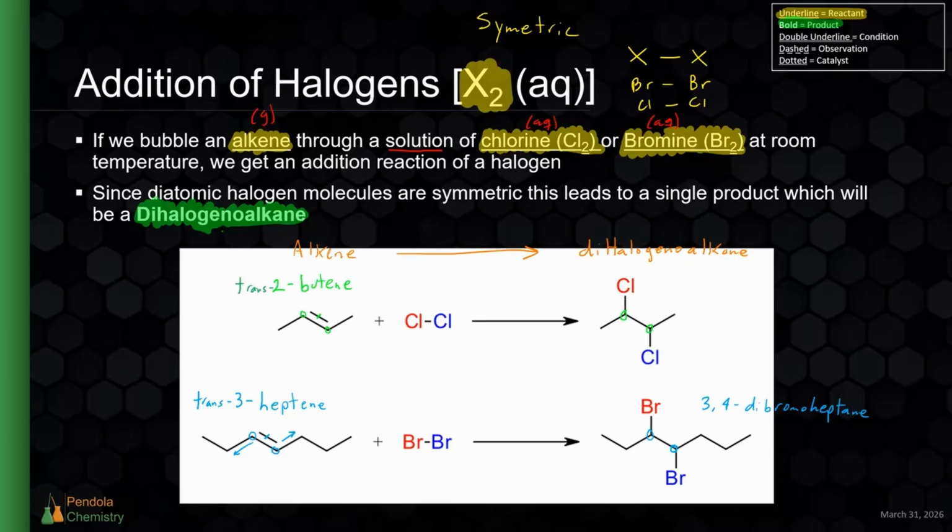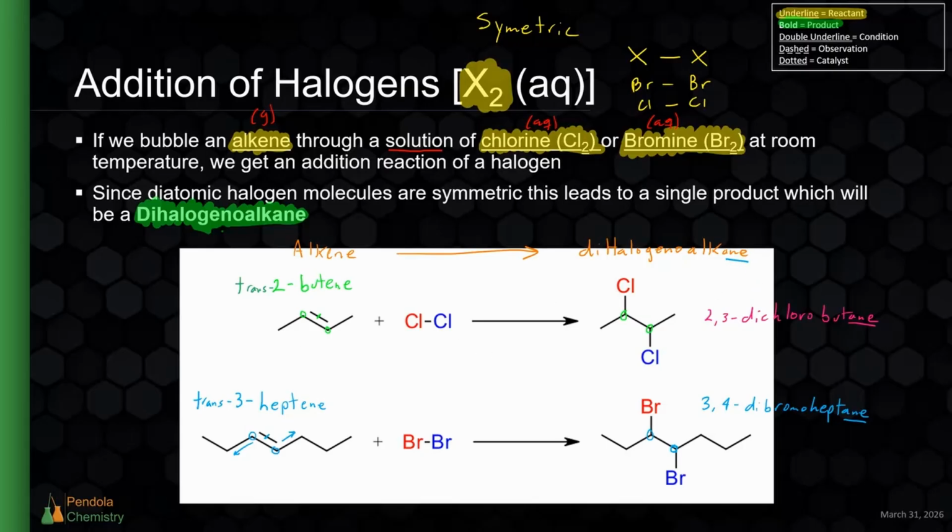I did forget to name this one right here, but this will simply be 2,3-dichlorobutane, because we have chlorine instead of bromine. Notice that the names' endings change to "ane" for the products, because the products are dihalogenal alkanes, not alkenes.